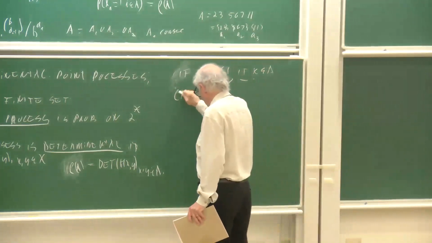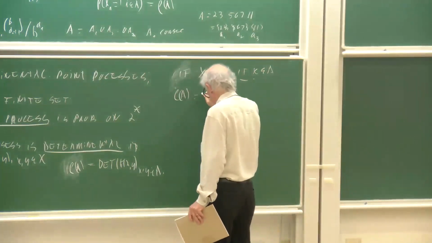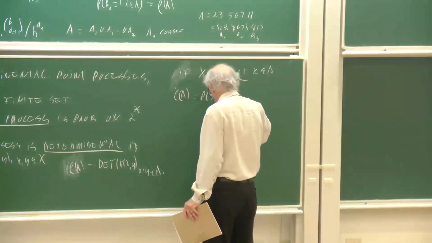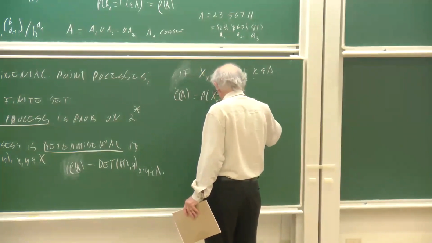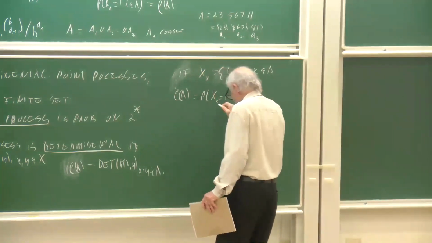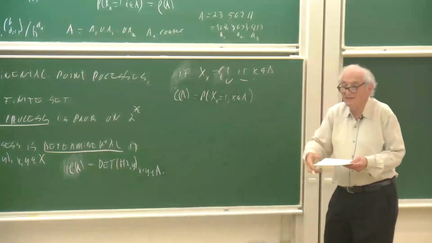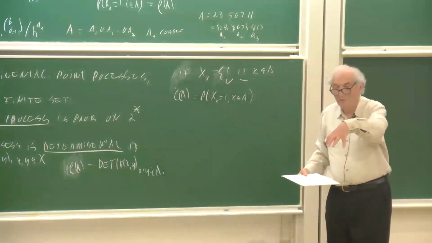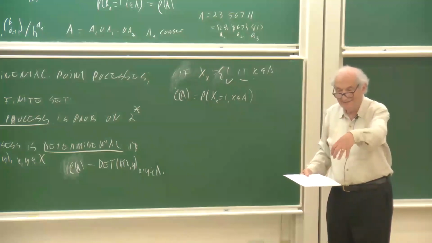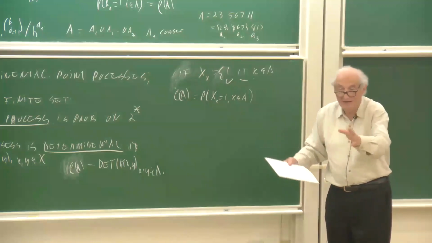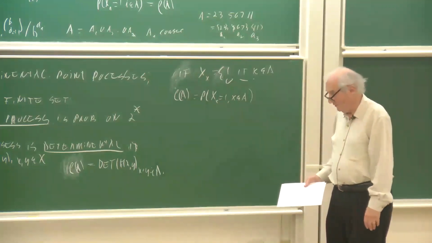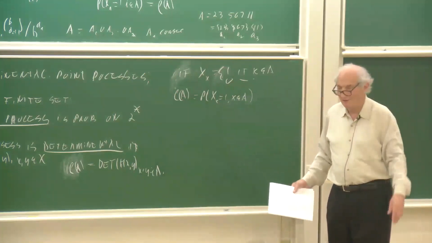Rho of A is equal to the probability that chi of x is 1 for x contained in A, so that there's a dot at all the points in A, and you're not specifying anything otherwise. So that determines the measure.